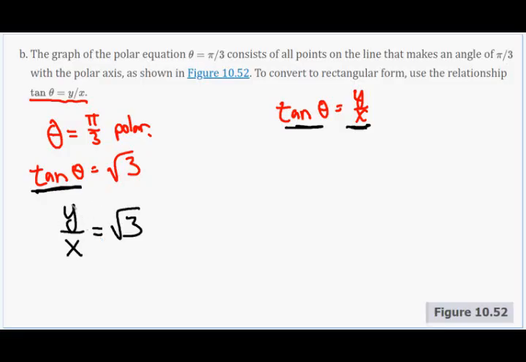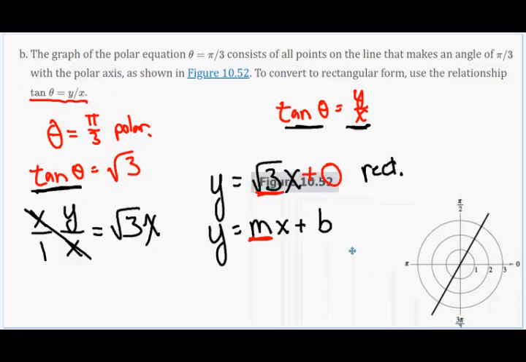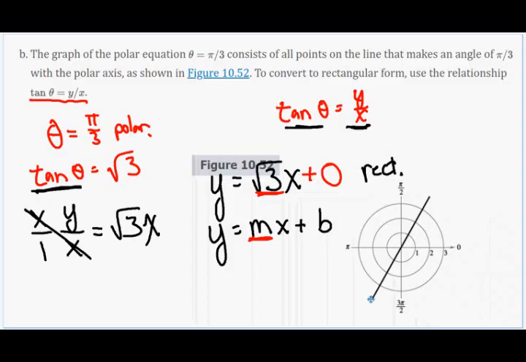And then if we solve to get y by itself, we're just going to multiply both sides by x, so y equals root 3 x. This is our rectangular form of that equation. It is just a line. Remember, y equals mx plus b. So in this case, we know the slope is root 3, and our y-intercept would be 0. So that's just a graph going through the origin with the slope of square root 3.